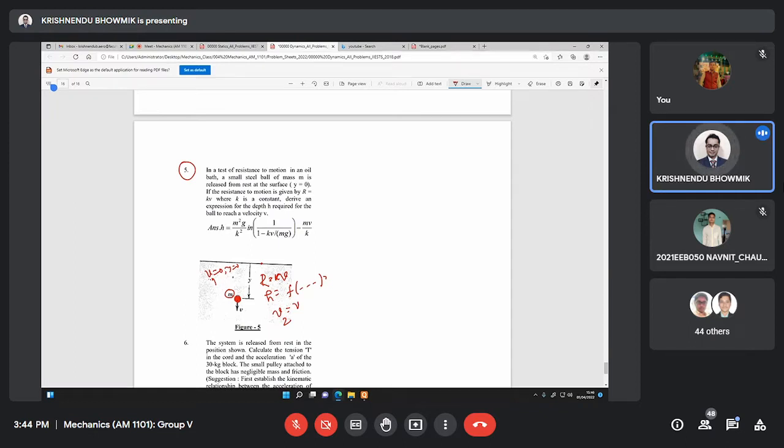It is 5 by 11 by 5. Now to solve this problem, we have to draw the free body diagram here. This is the vertical axis. This is x, this is y, or somebody can have x, y here also, no issue.